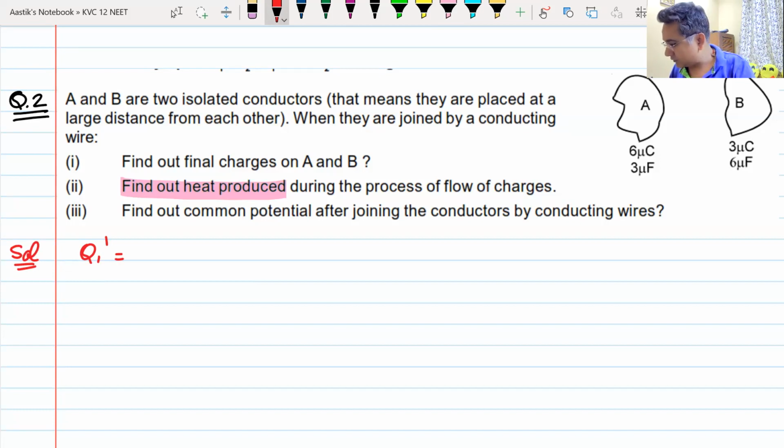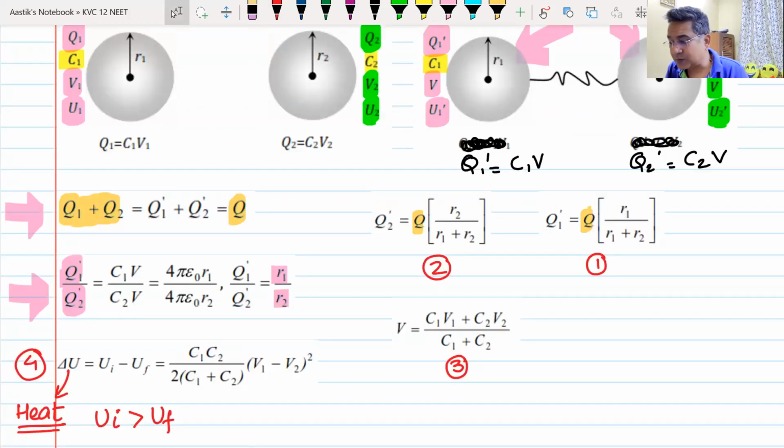The problem is you know the formula in terms of R1 and R2. You can convert this formula from R1 and R2 into terms of C1 and C2. In place of R2, put C2.